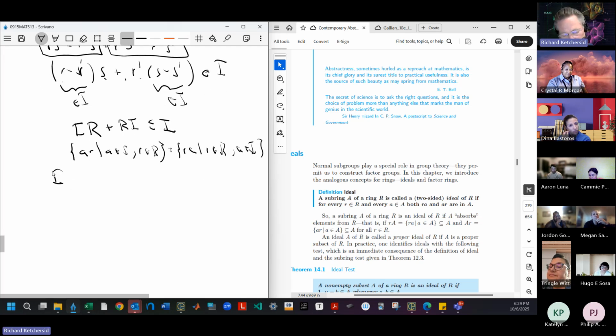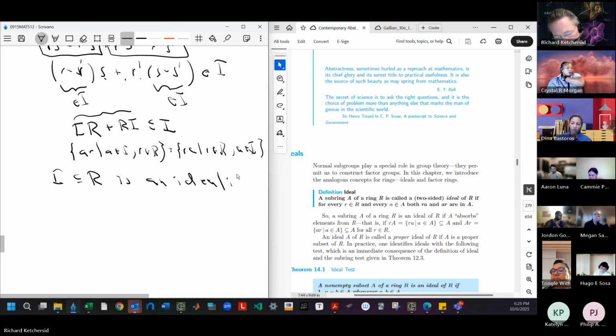So I, a subset of R, is an ideal. And it's a two-sided ideal because we want both of these. That's all we're going to care about in this class. But doesn't ideal say we have to have multiplicative inverse? Nope, not at all. Not the notes I took yesterday.